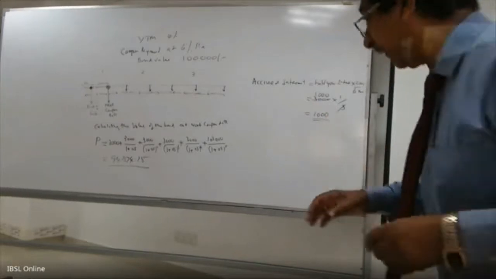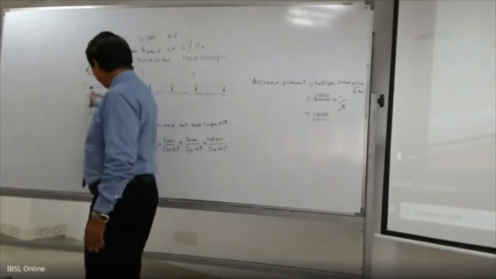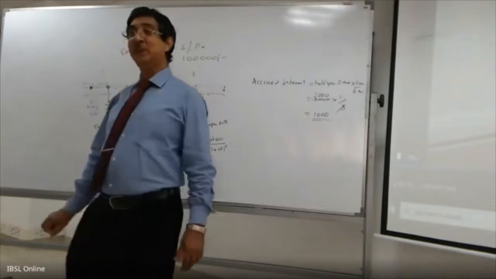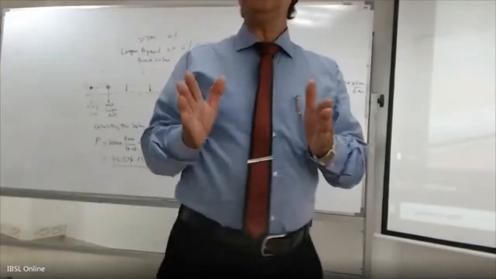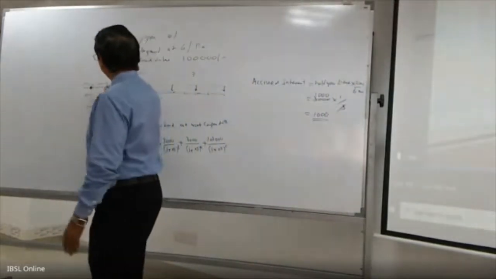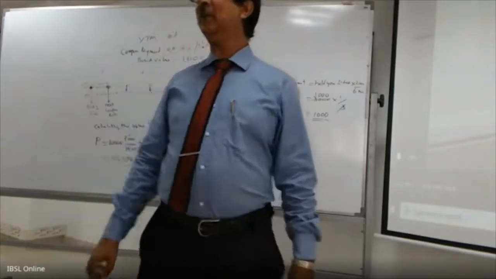So this is not the price we need to calculate. We need to calculate the price at this point of sale. So how are we going to get it? We have to get the present value of this price.